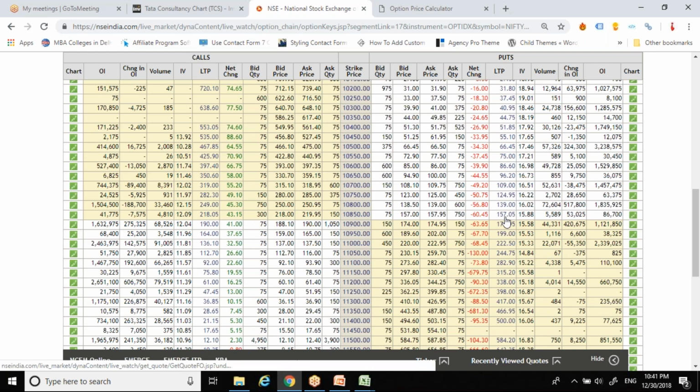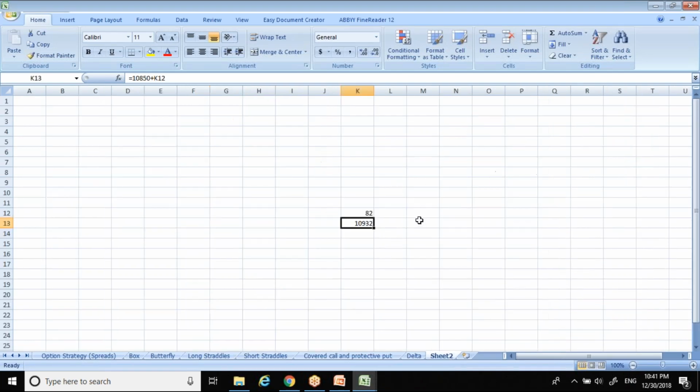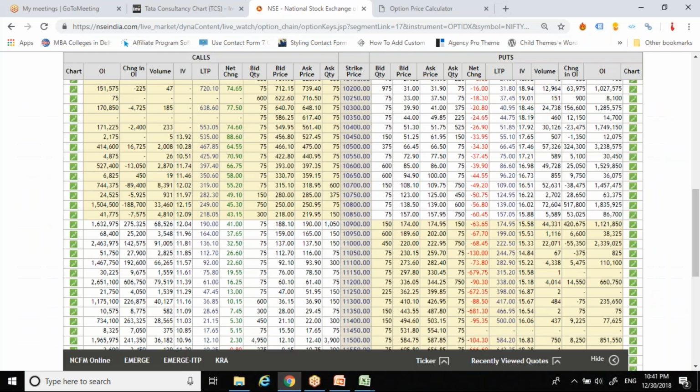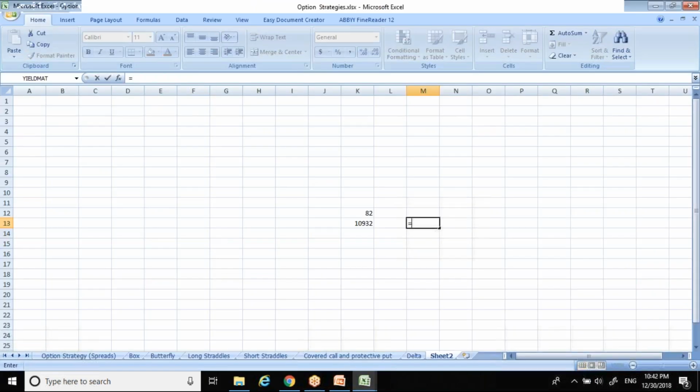So my total cost will be 218 plus 157. So this is my total cost.